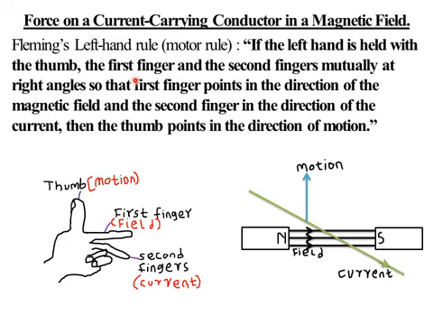But an electrical generator converts kinetic energy or mechanical energy into electrical energy, so if you are using an electrical generator, we strictly use Fleming's right hand rule.